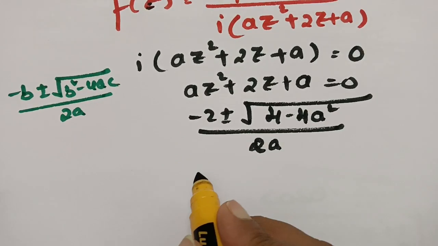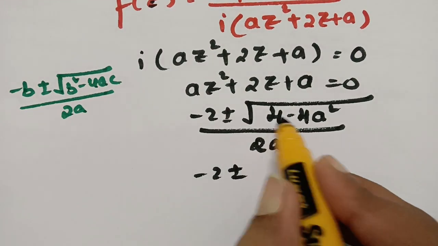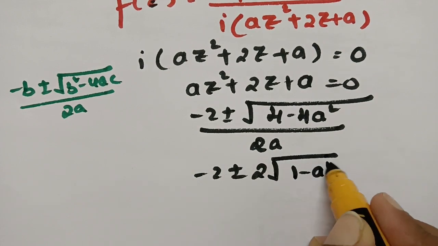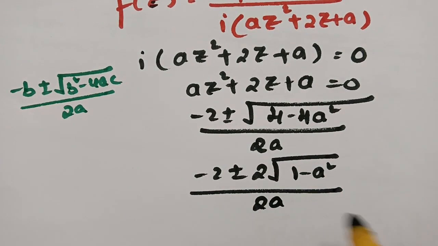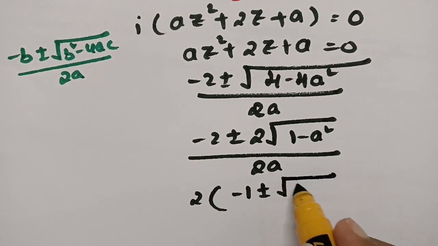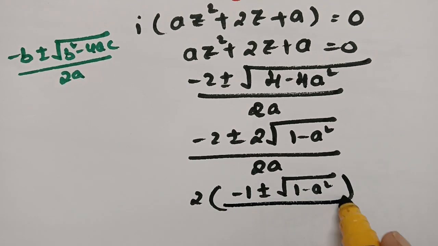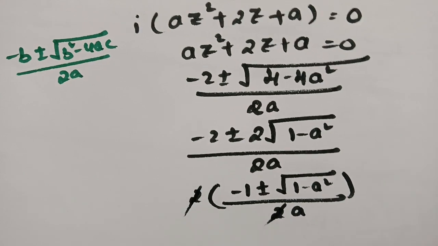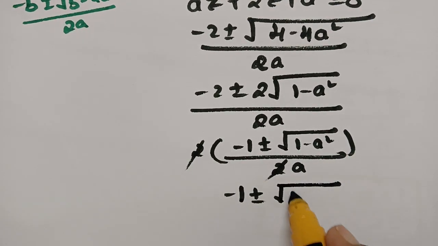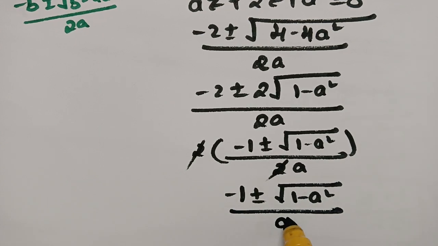If I take 4 out of the root, it will be 2. So taking 2 common, this will be minus 1 plus or minus root over 1 minus a square by a.